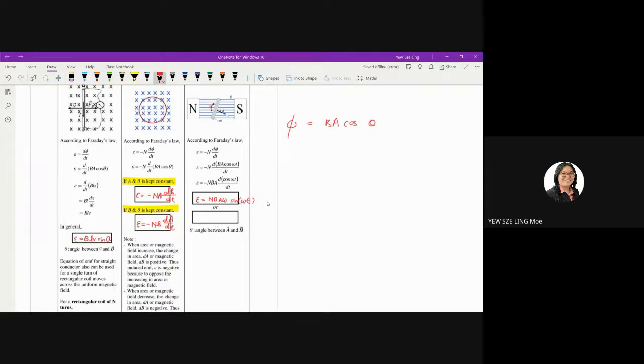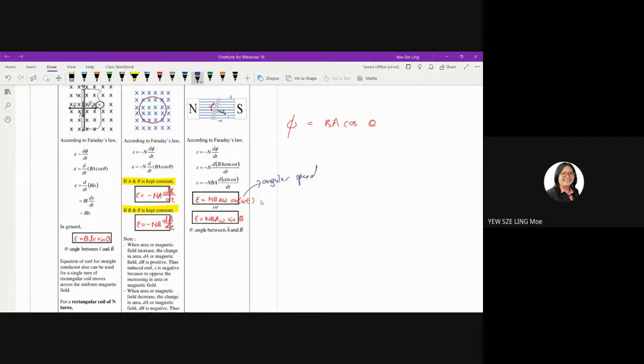This is if you're using radian mode. If you use degree mode, EMF equals NBA omega sine theta, where theta is the angle between vector A and vector B, and omega is the angular speed.